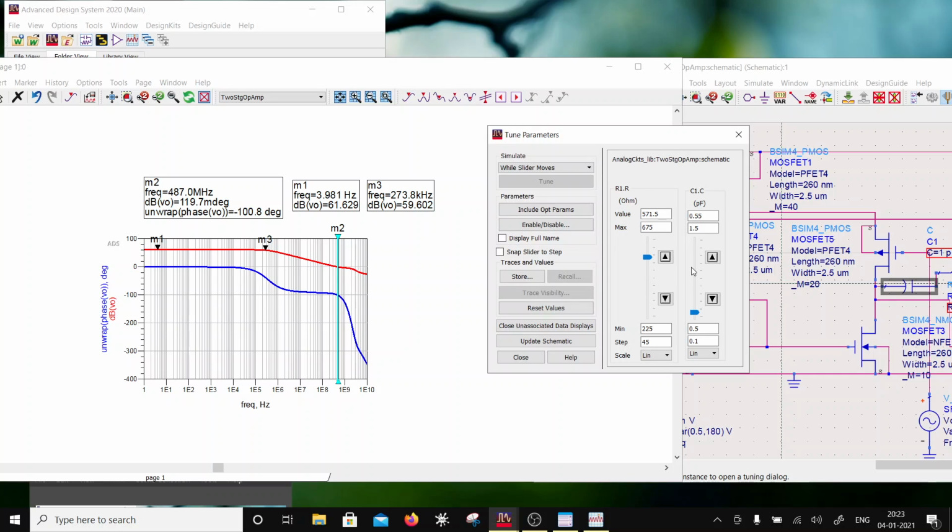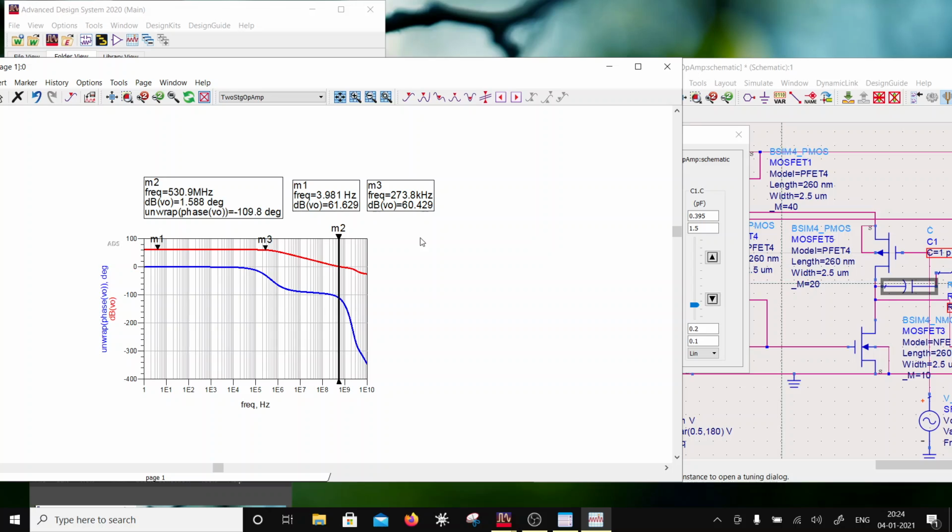Okay, so let's see this capacitor can be reduced further. So I want to see how much can I improve. Okay, so now let's look at the margin. Oh, one mistake I'm doing. I'm rolling from 0, right?